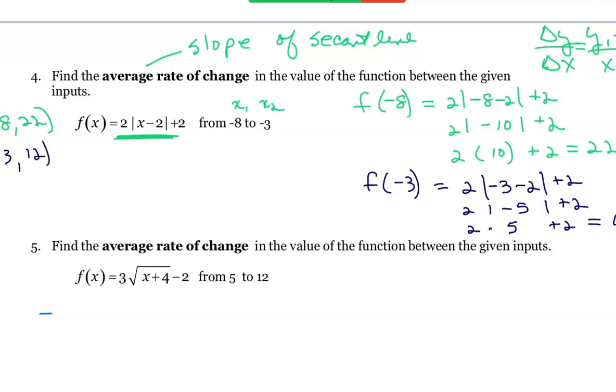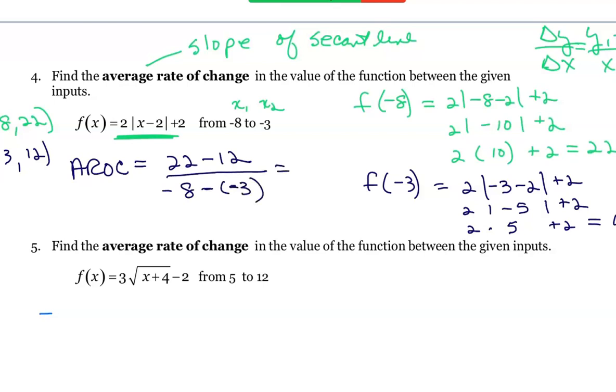Now you have your x and your y's. So your average rate of change is going to be, I'm going to start out with, I guess I don't know, it doesn't really matter. It doesn't matter. That's the main point. So I'm going to say 22 minus 12 over, go back up to the 8, -8. -8 minus a -3.